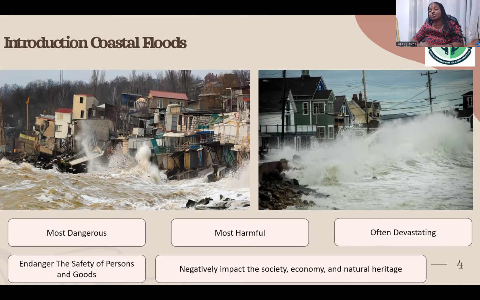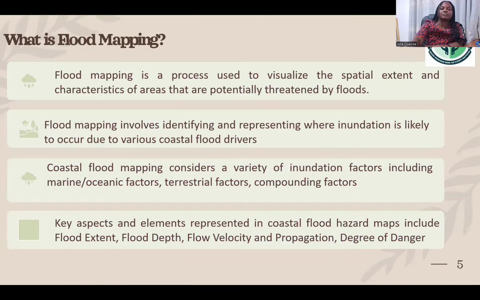And as a result of all these negative impacts, the society, economy, and then the natural heritage often suffer as a result of such condition. And so it becomes necessary for coastal floods to be mapped.